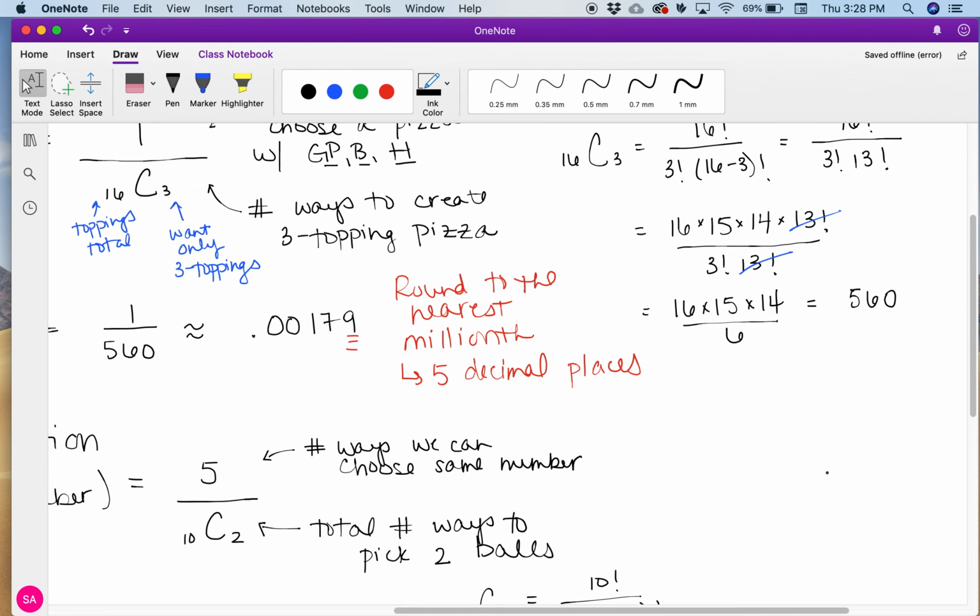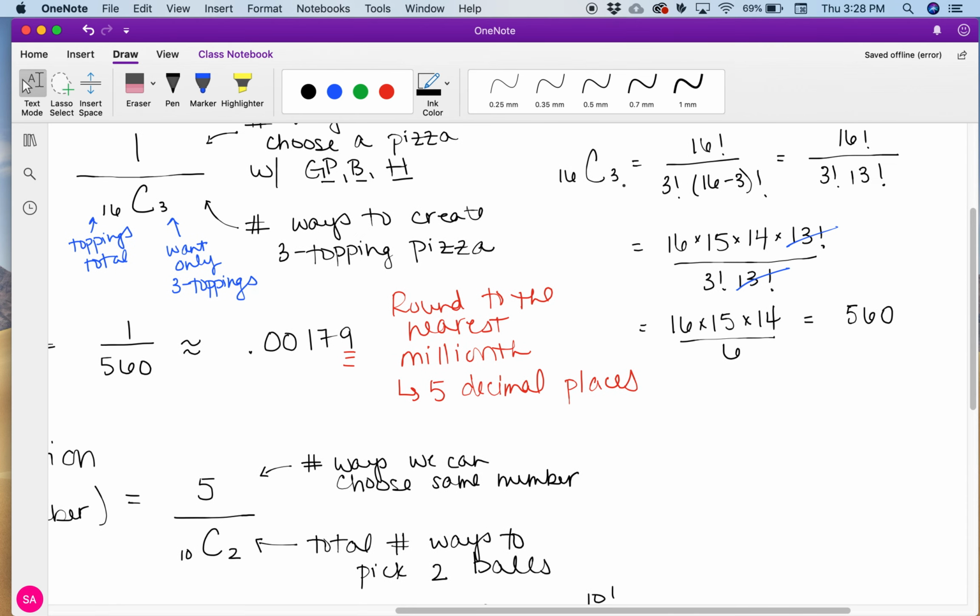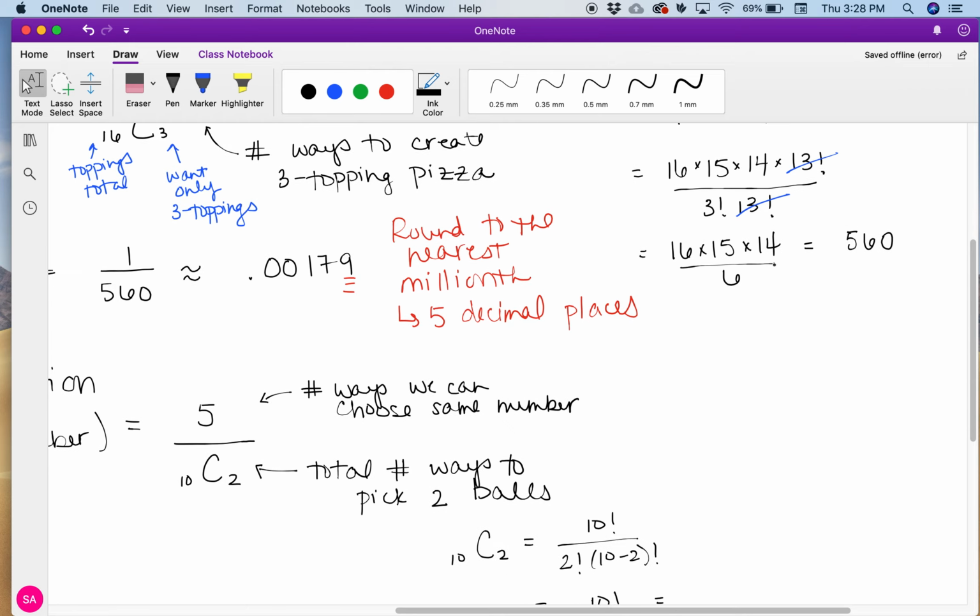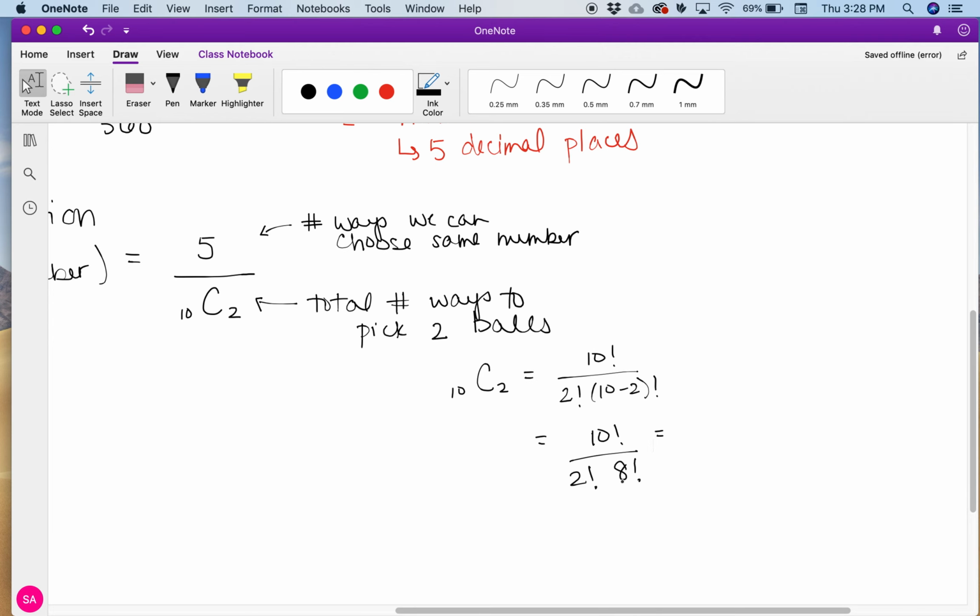But remember, if I scroll up here, what we did with the 16 choose 3, remember we peeled off numbers until we could cancel out those 13 factorials? Well, here, we want to cancel out the 8 factorials. So I'm going to do 10 times 9, and then the rest would be 8 factorial, right? But that's going to cancel with the 8 factorial on the bottom. So I'm just going to write it like this. 10 times 9 divided by 2 factorial.